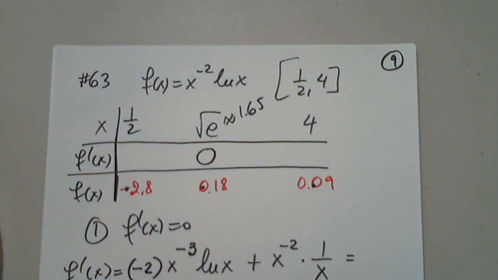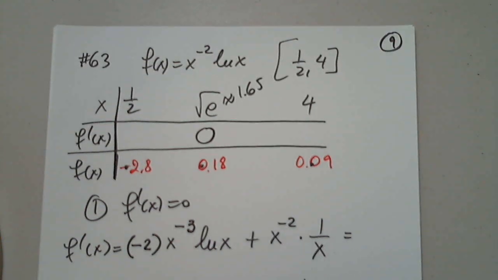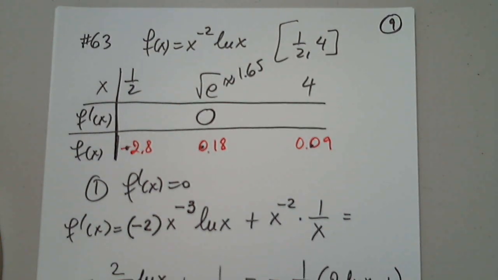Good. Now at this point, I go back and put in the derivative. And the derivative was -1 divided by x to the third, close the parenthesis, open another one, 2 natural log x, close, minus 1 and close.